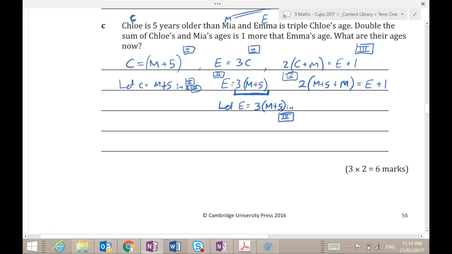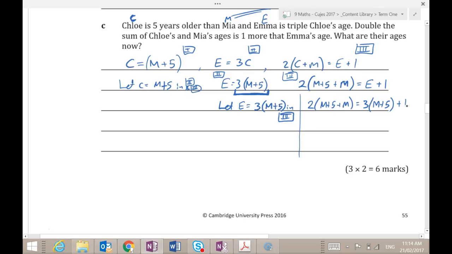So I did one substitution, then substituted into the last one again. So now this one, 2 outside of m plus 5 plus m equals, and instead of E, I write 3 outside of m plus 5, plus 1.